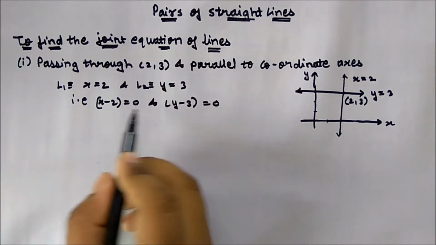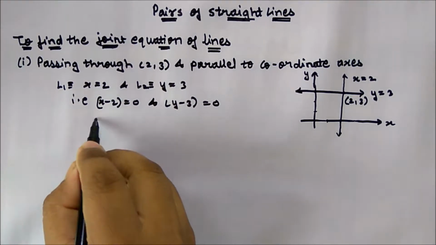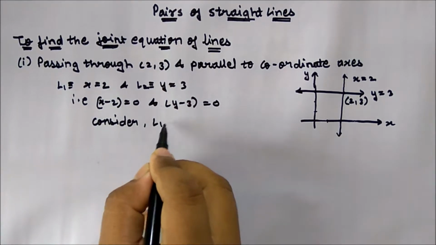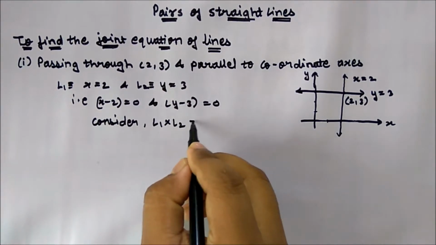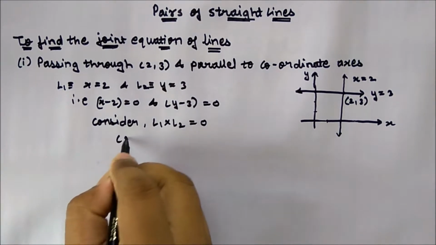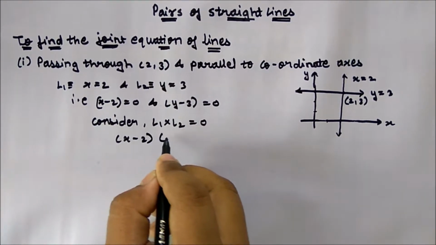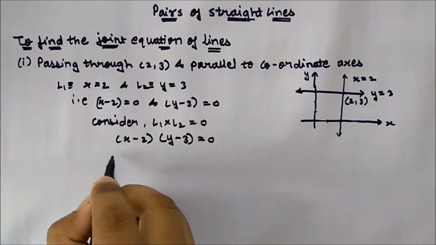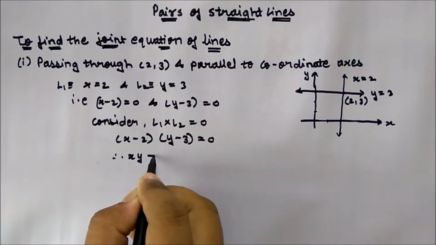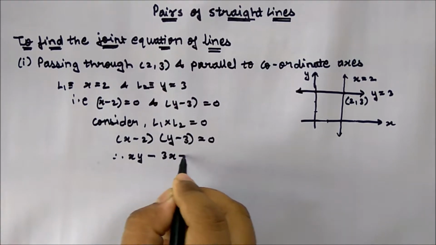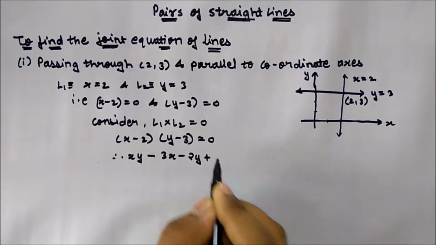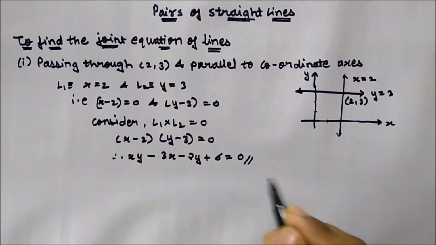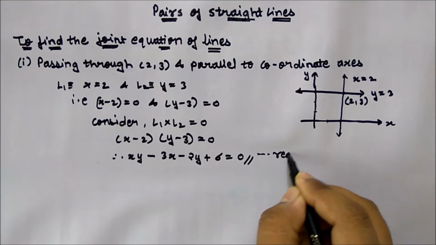Now to find the combined equation of these two lines, we have to consider L1 into L2 equal to 0. So (x minus 2)(y minus 3) equal to 0. On solving this, we get xy minus 3x minus 2y plus 6 equal to 0. So this is our required equation.